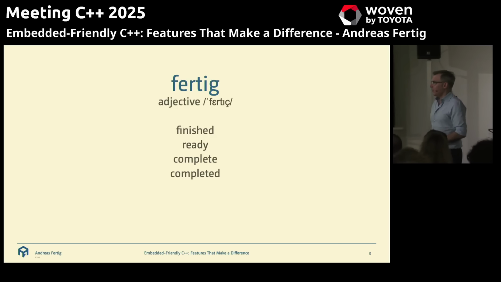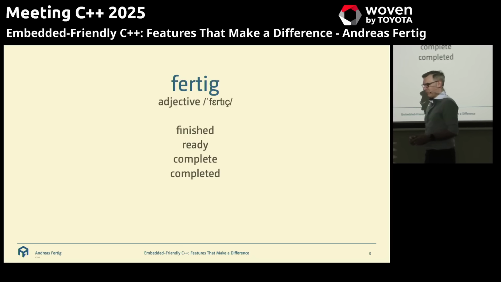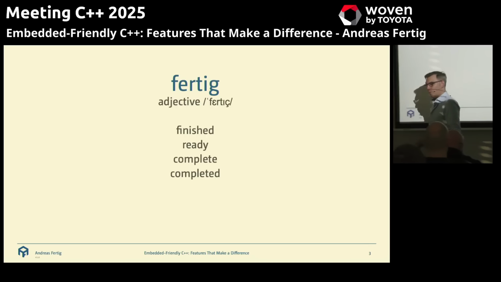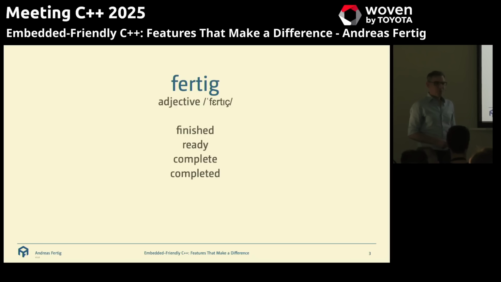I happen to be not from Berlin, but from Germany at least. My last name, Fertig, is a very frequently occurring word in the German language. You can translate it to ready, finished, complete, or completed. And I just recently realized that the word itself carries both the beginning and the end.